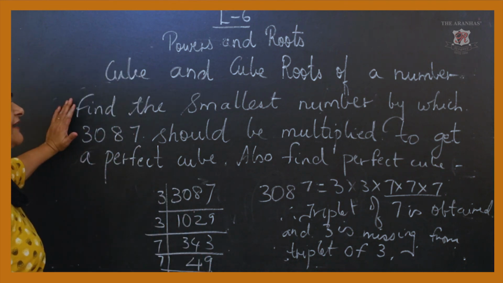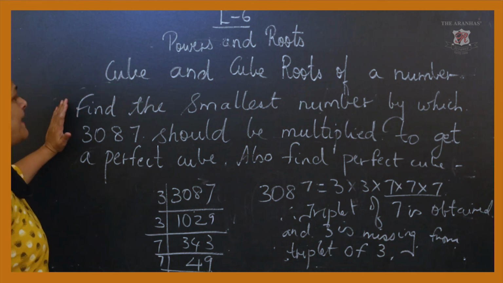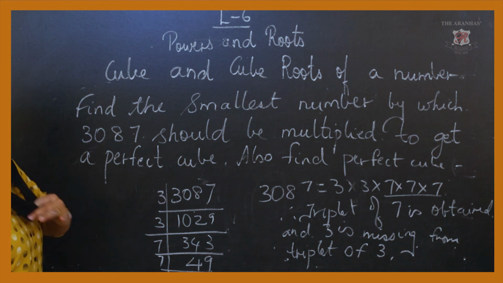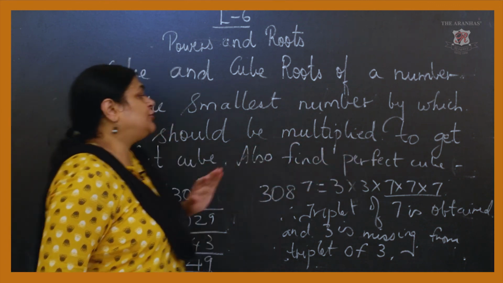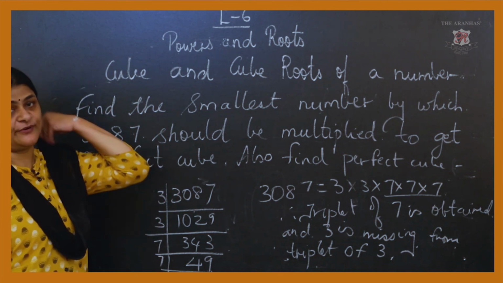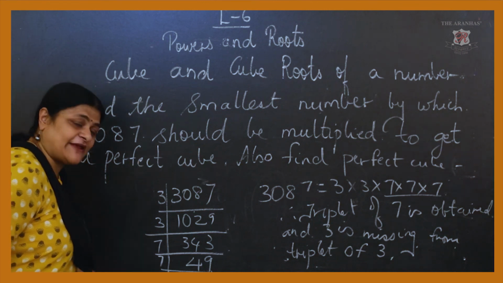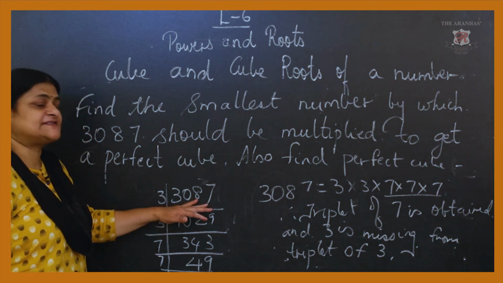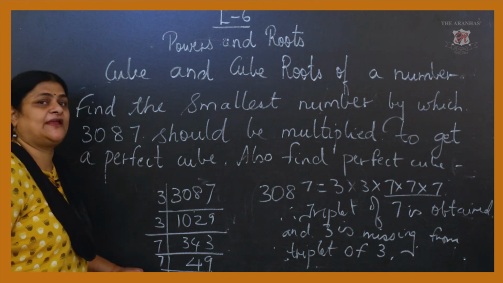The question is, you have to find the smallest number by which 3087 should be multiplied to get a perfect cube. So for this, what you have to do? You have to do the prime factor of 3087, which will give you 3 into 3 into 7 into 7 into 7.